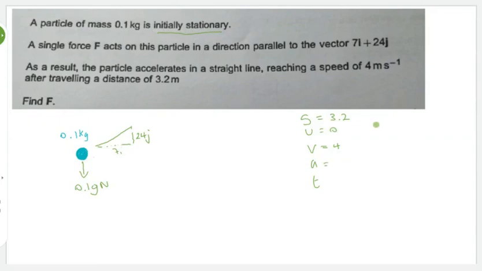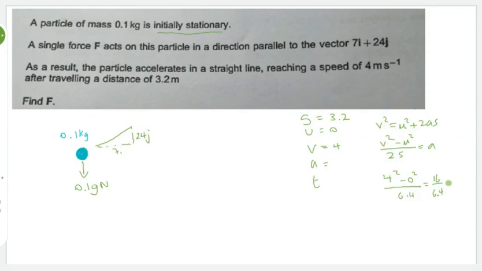We can use an equation that involves S, U, V, and A: V squared equals U squared plus 2AS. Rearranging, V squared minus U squared over 2S equals A. So we have 4 squared minus 0 squared over 2 lots of 3.2, which is 6.4. That gives us 16 over 6.4.